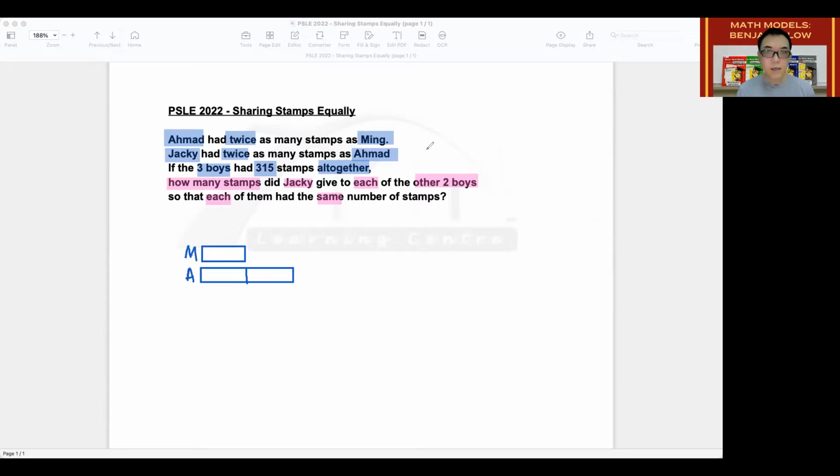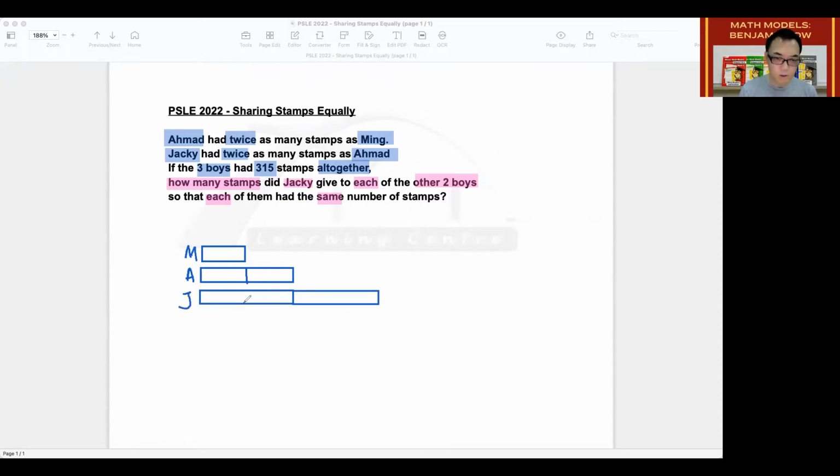Next, it says here that Jackie will be twice as many as Ahmad. So if this is Ahmad, then Jackie will be once and twice. However, the models should always look the same.